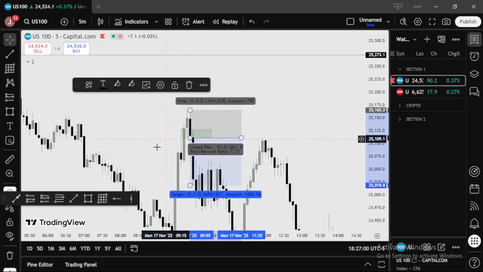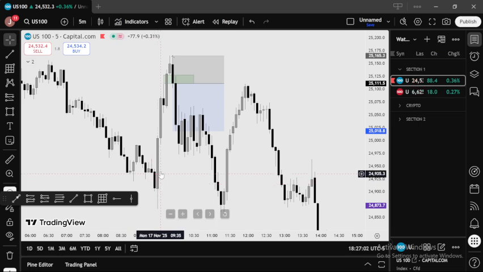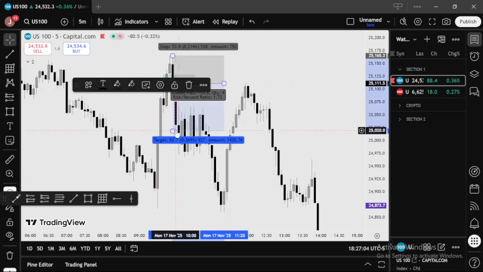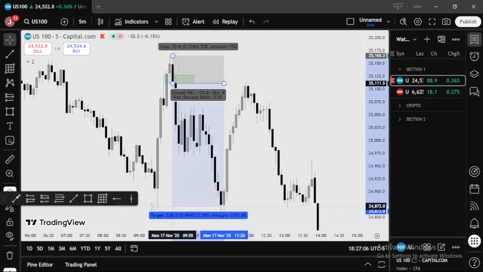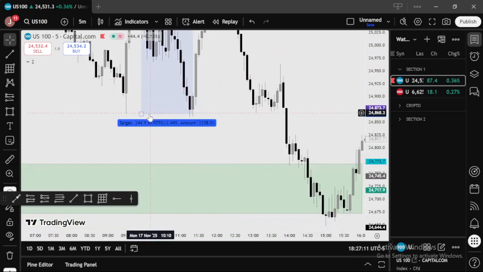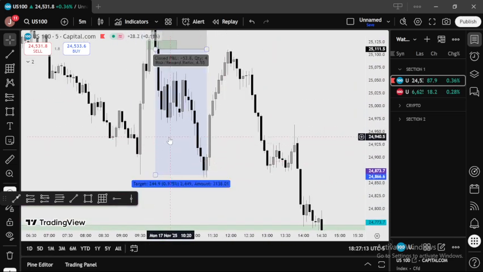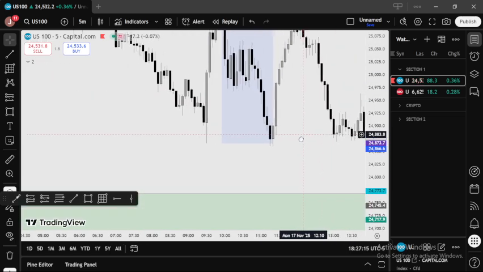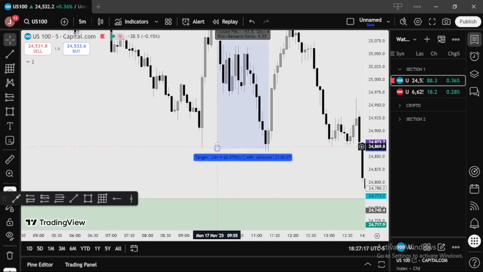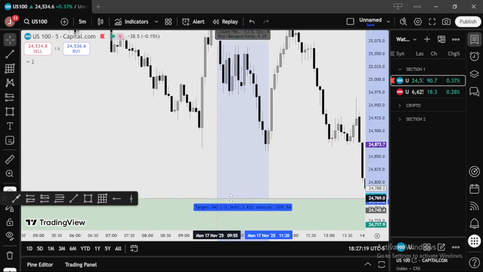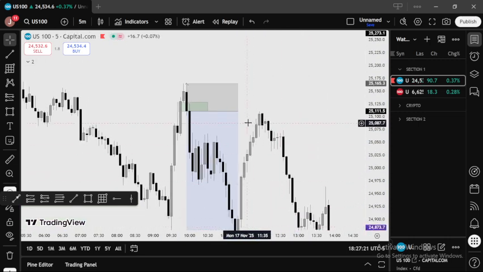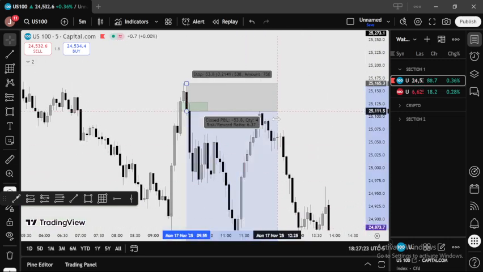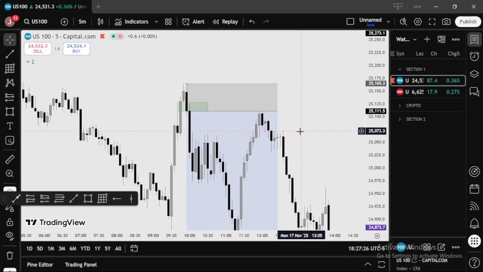I could have taken this sell as well if I did miss this initial buy, with targets being here at the lows or lower, like the fair value gap, which would have been a 1:4. If I did target lower, to that fair value gap, 1:6, but I still would have gotten ticked off by break even actually.